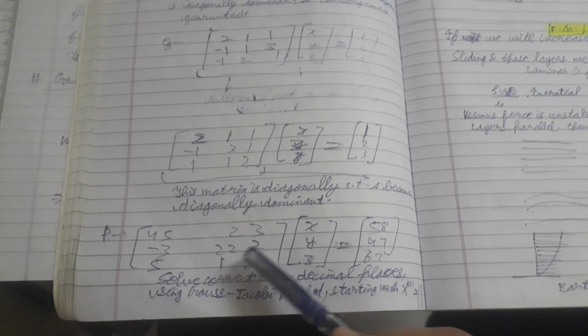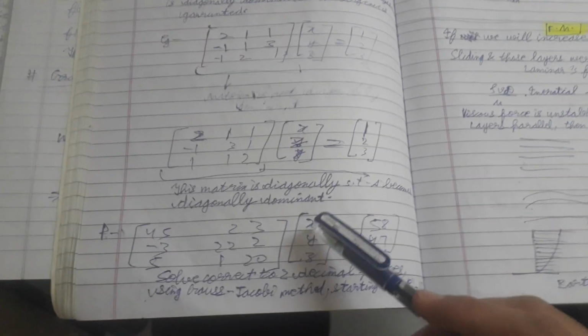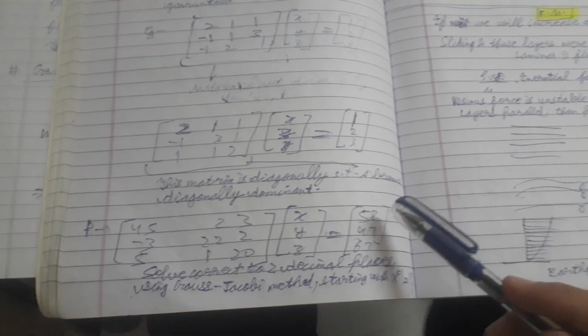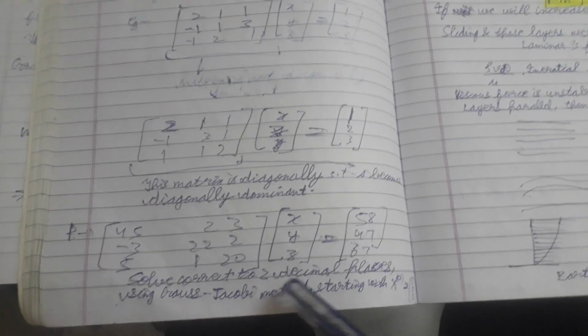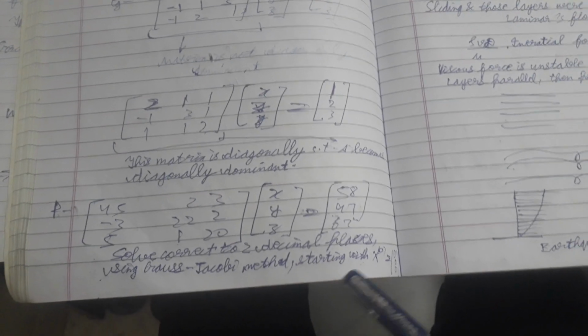Example: the system with matrix [45 2 3; -3 22 2; 5 1 20] times (x, y, z) equals (58, 47, 67). Solve correct to two decimal places using the Gauss-Jacobi method starting with x0 = (0, 0, 0).